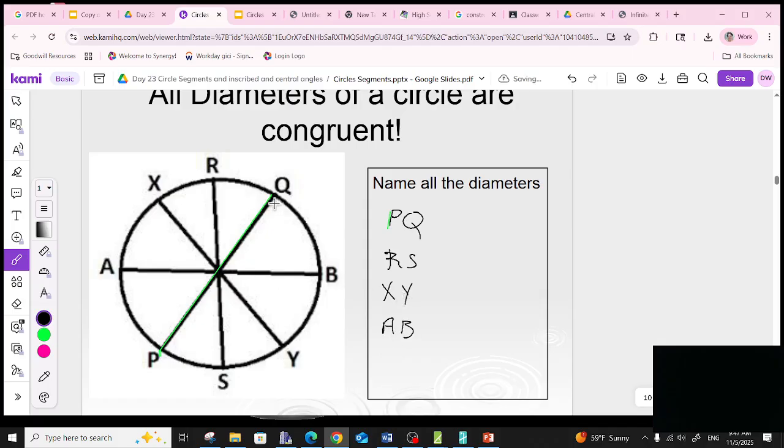And QP and PQ are the exact same one, right? So there's 1, 2, 3, 4. Because then the others are the exact same. And all of these have the same length. They are all congruent. So if PQ was 5 units, RS is 5 units, XY is 5 units, AB is 5 units, right? Okay.